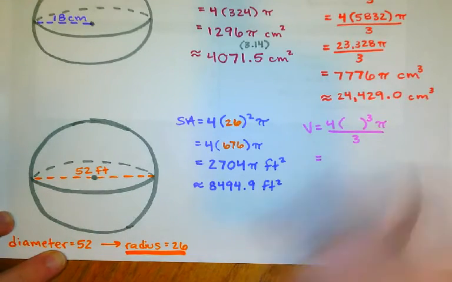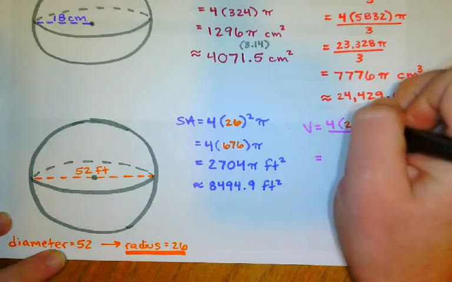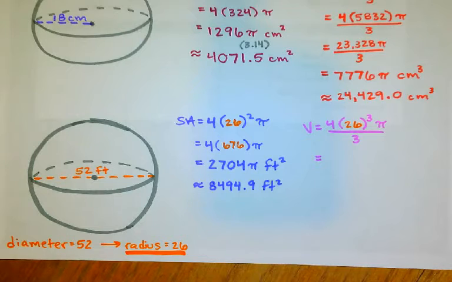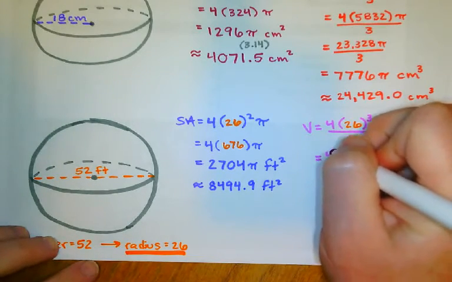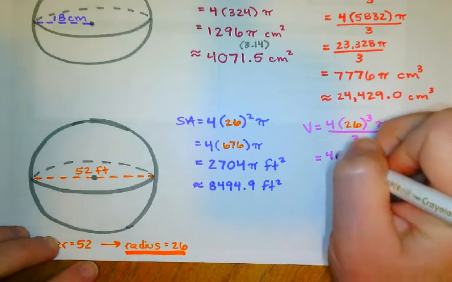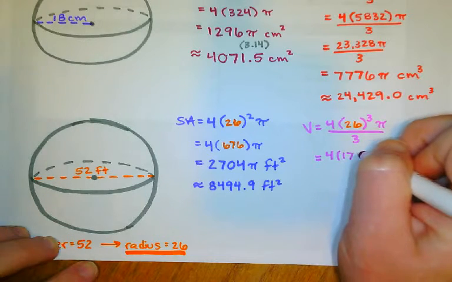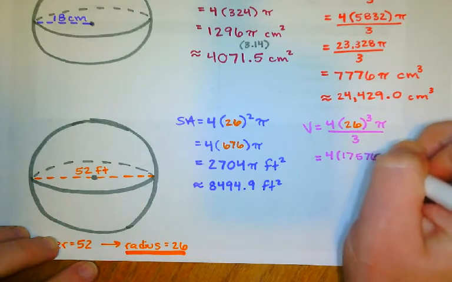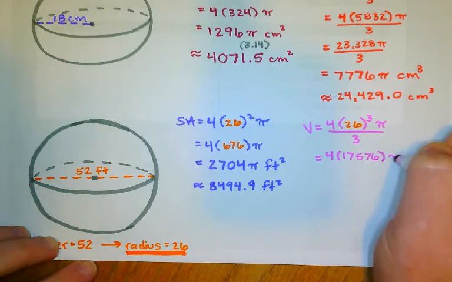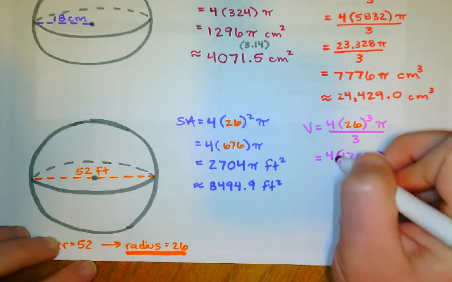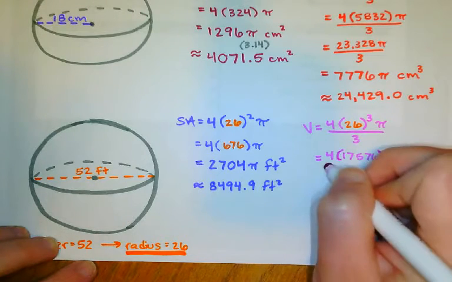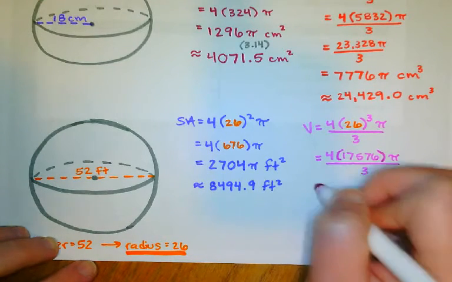So 26 is our radius. And 26 cubed is another big number. You are going to get some big numbers here, guys, so don't be afraid of that. We get 17,576. Then we've got our pi. We're going to divide this by 3.